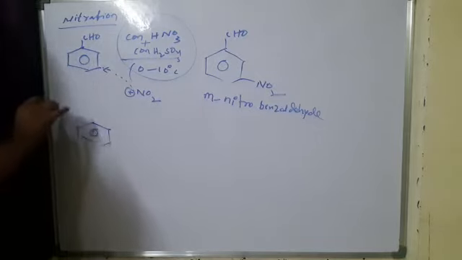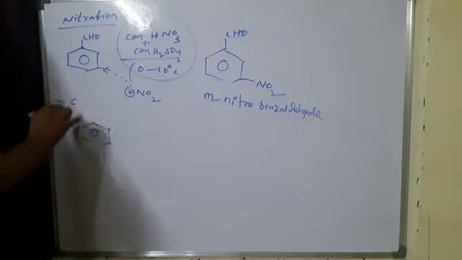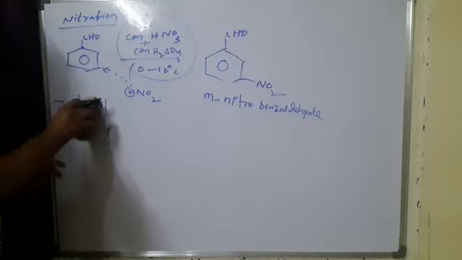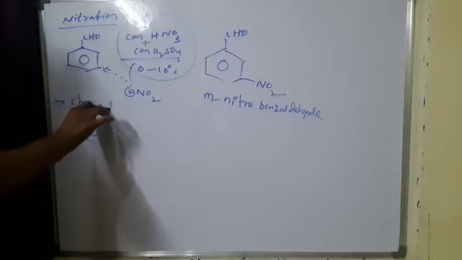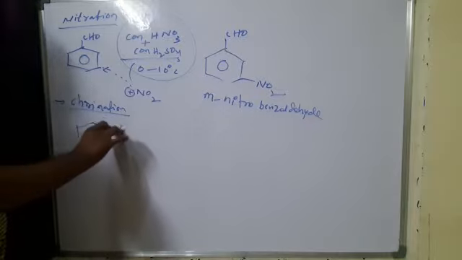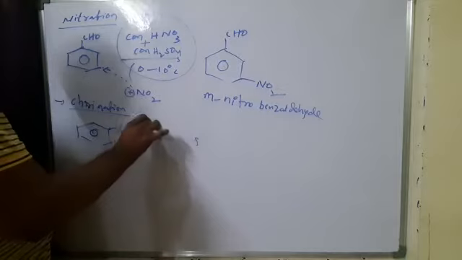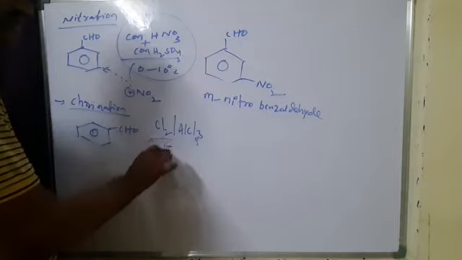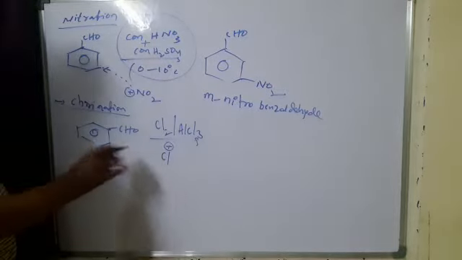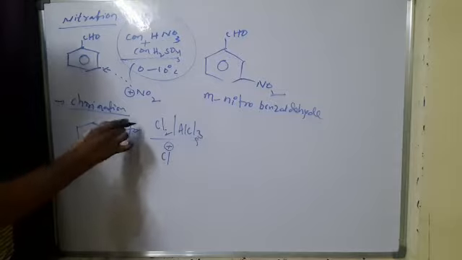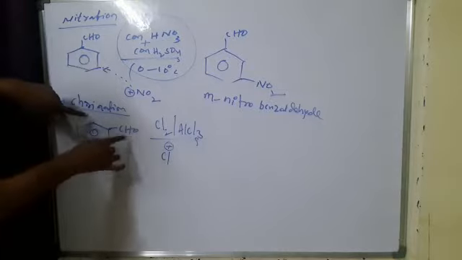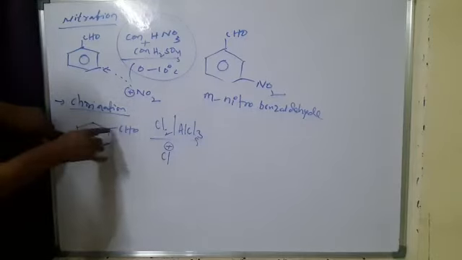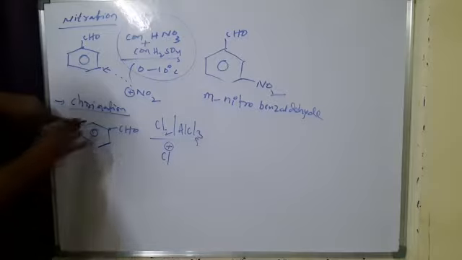Next, chlorination. Benzaldehyde reacts with chlorine in the presence of a Lewis acid, anhydrous AlCl3, and it gives Cl plus, the chloronium ion. This is the electrophile. It will attack at the meta position. Where is the meta position? With respect to CHO, the first two positions. With respect to this group, these two are ortho, these two are meta, and the exactly opposite position is para. So these two are meta.